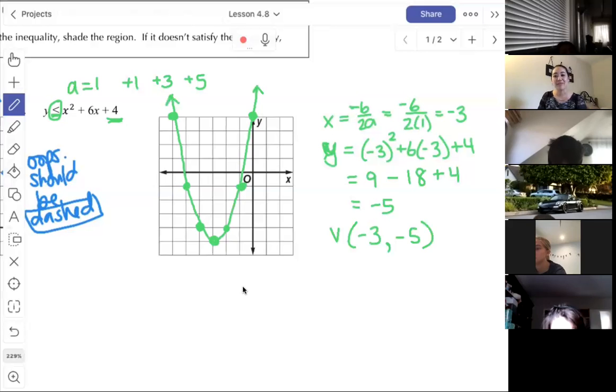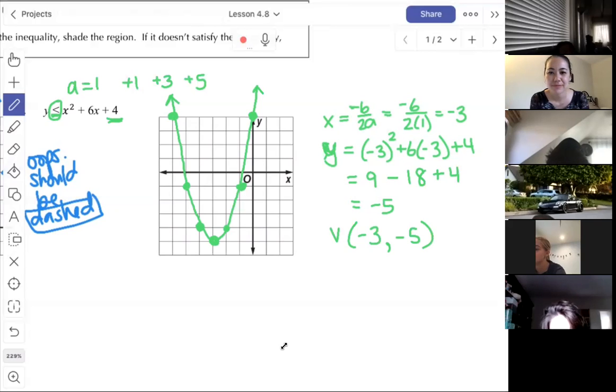Okay. So now the question is, do we shade inside the parabola or outside the parabola? I'll let you guys think about it. And let me ask Chris Rowe, what do you think? Inside or outside the parabola? Which way should we shade, Chris?